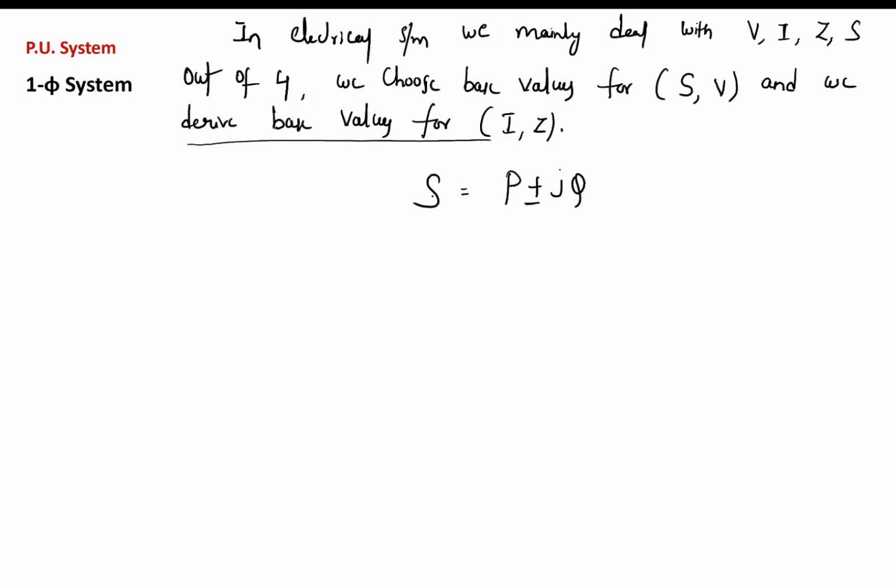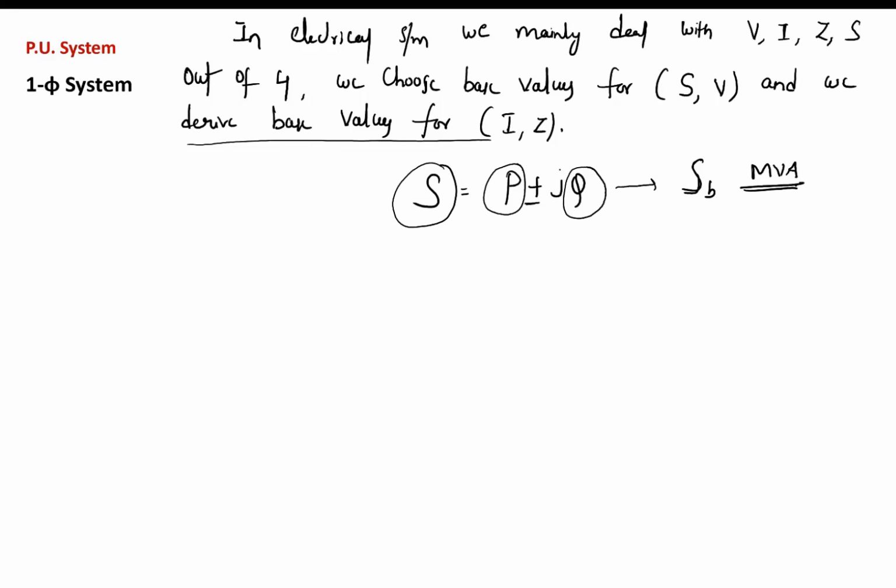So the base value for all three, that is the base value for S, the base value for P, and the base value for Q, is the same, that is SB. The base value for the complex power, real power, and reactive power is the same. Usually it will be given in MVA.